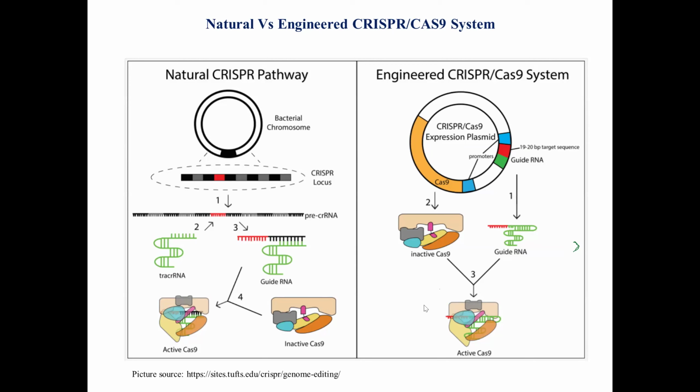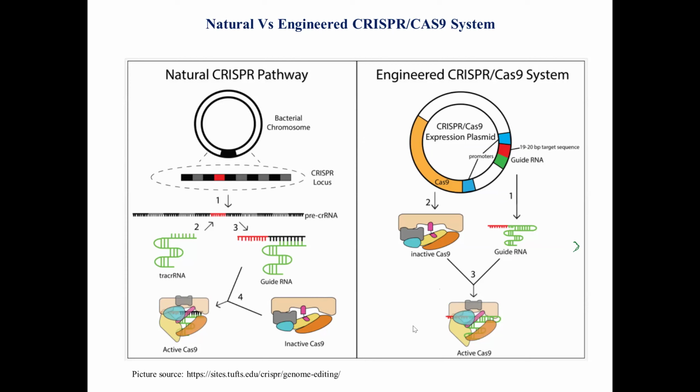Sometimes it's slower, and then it will linger in the cell for a long time, which is unwanted. After editing is done, why do you need the Cas9 inside the cell? So people are nowadays not using plasmid, mostly for gene therapy. They tend to use mRNA or the ribonucleoprotein.